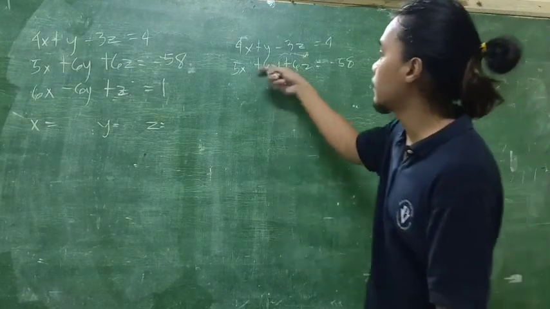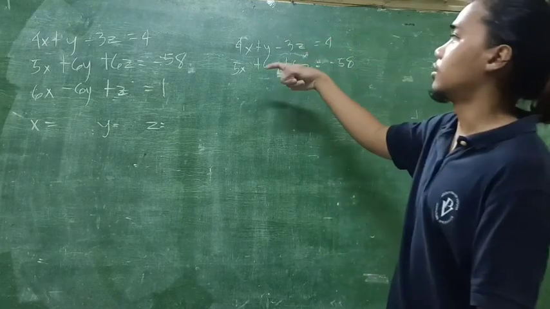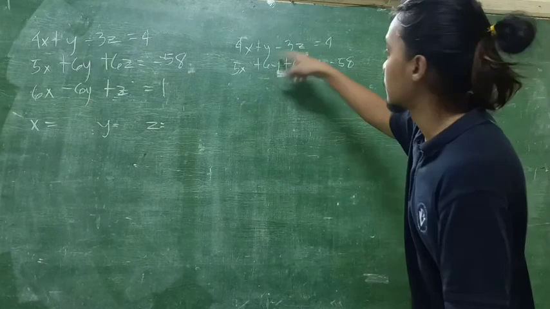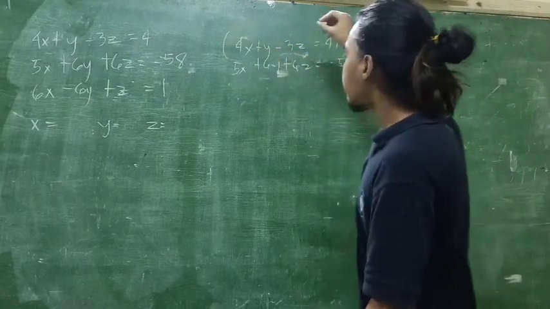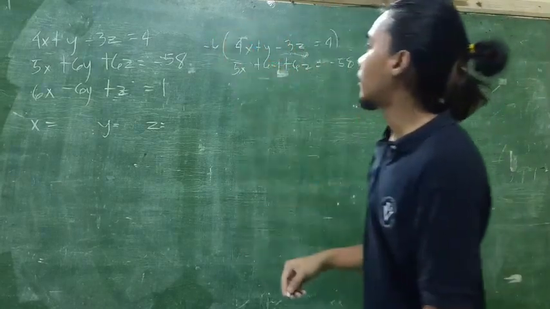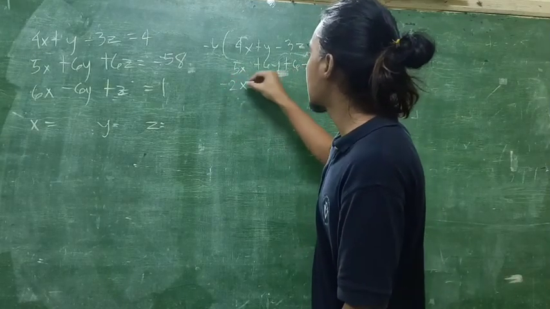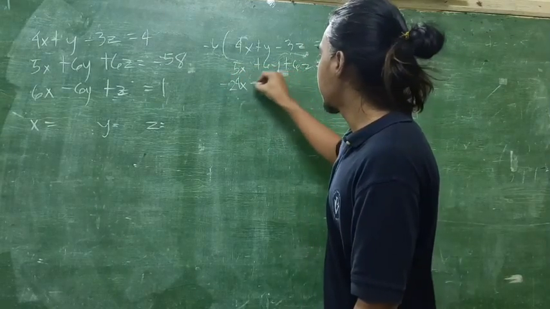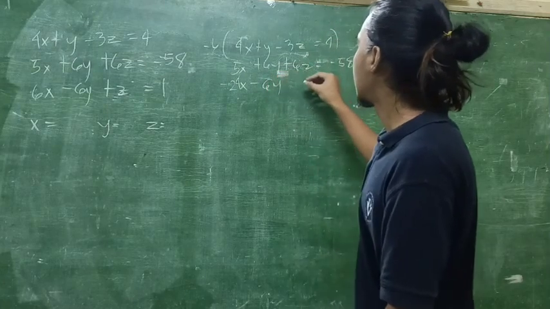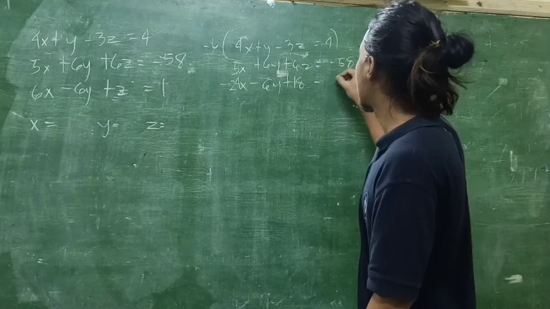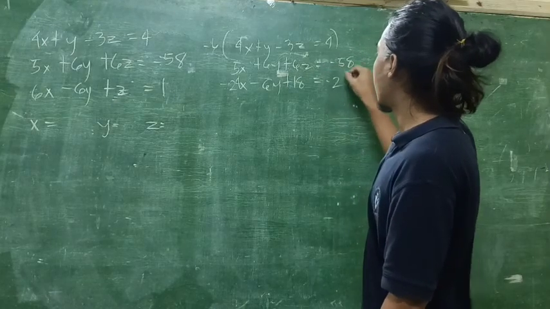So I'll be choosing y. To eliminate y, I'll just have to multiply by -6 here. So I will have -24x minus 6y plus 18z equals 24.